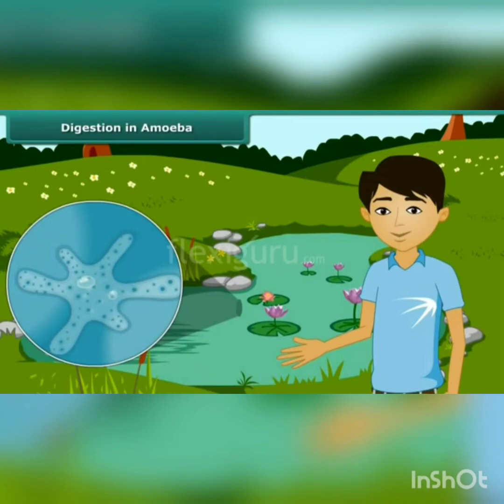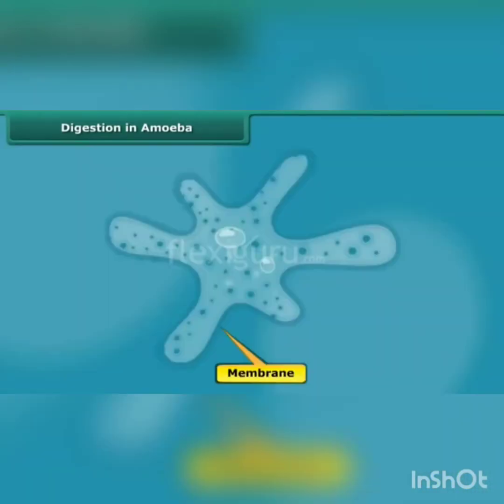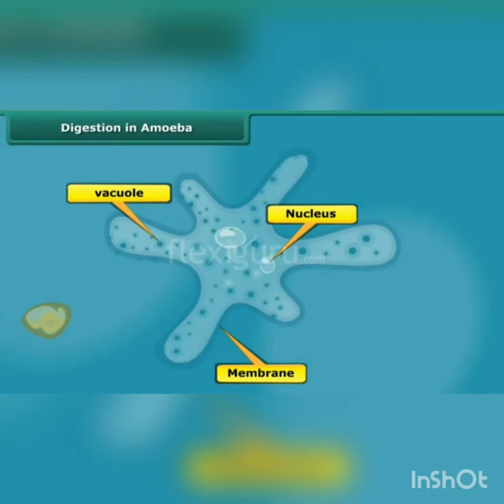It is single-celled and we cannot see it with the naked eye. It has a cell membrane around the nucleus and vacuoles in its cytoplasm. It changes its shape and position constantly by pushing out finger-like projections called pseudopodia.